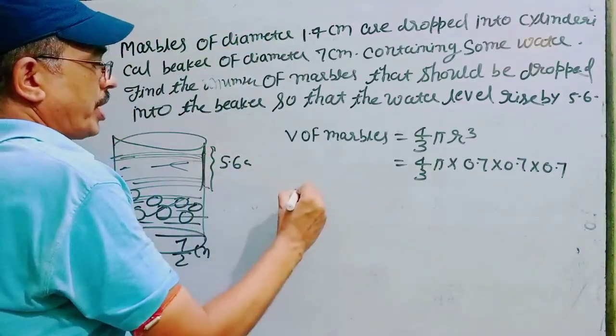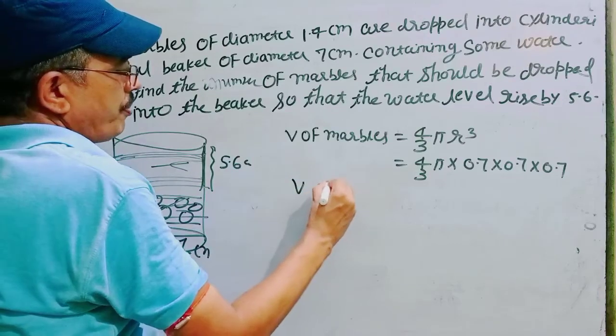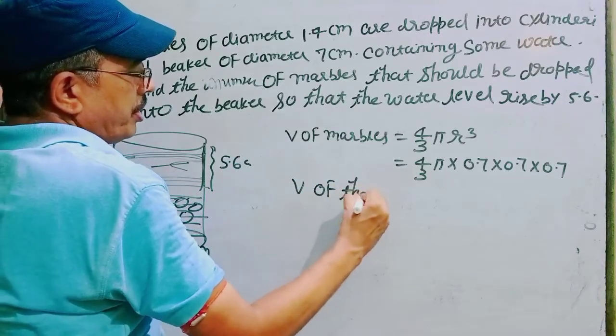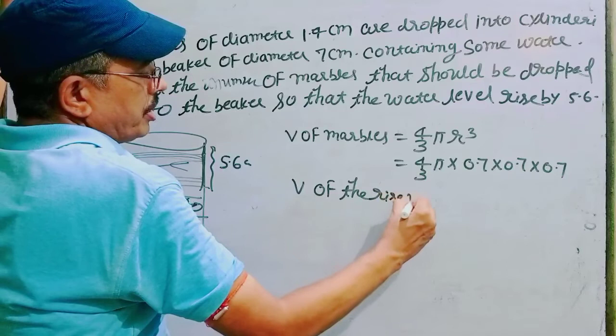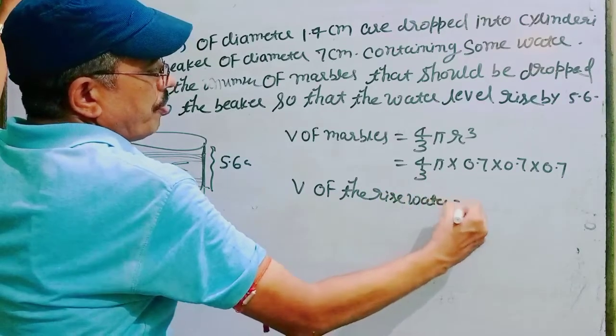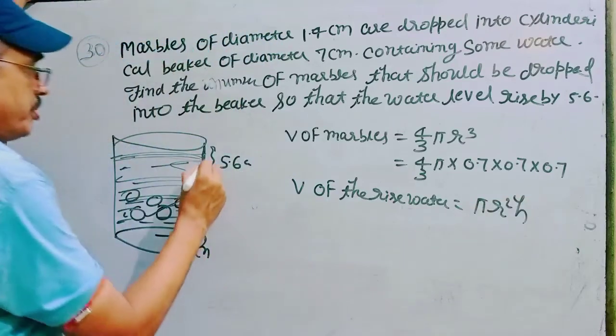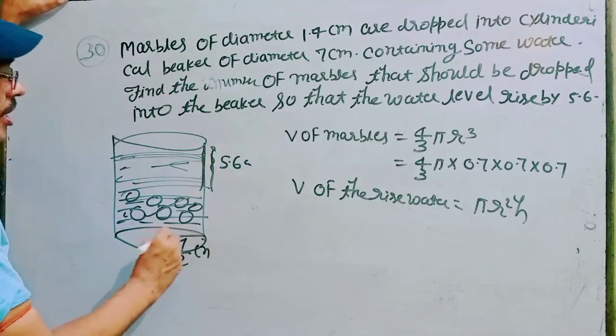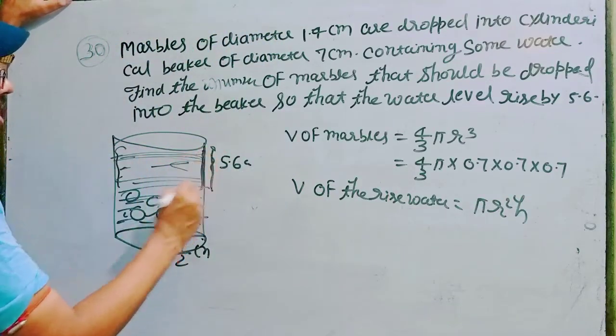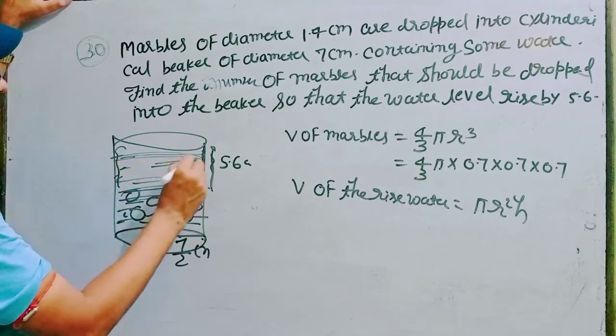And volume of the risen water is equal to pi r square h, because the risen water is in the form of a cylinder. So risen water is the volume of the cylinder.